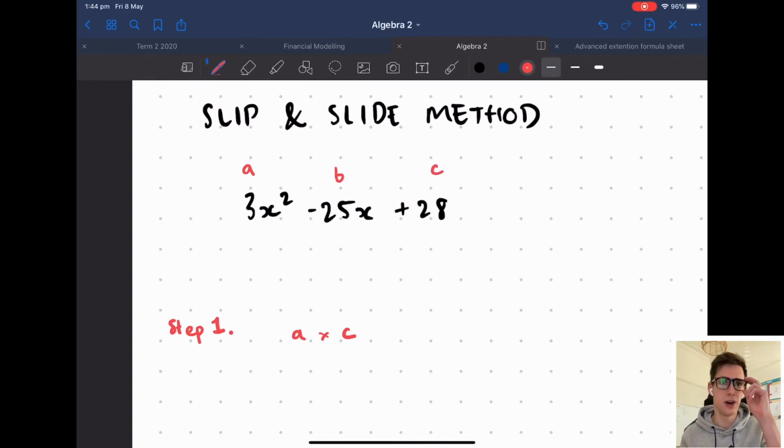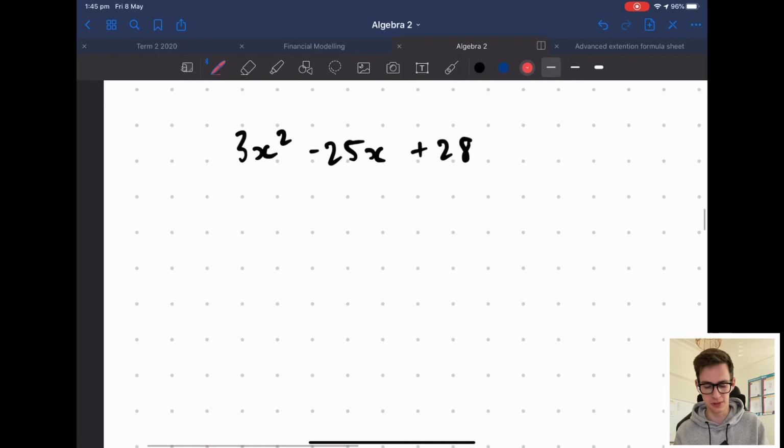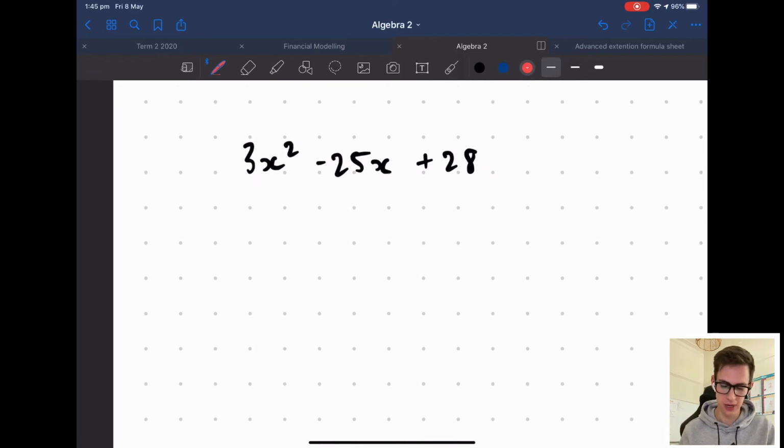Okay, slip and slide. The first thing we need to do is we need to identify that this is A, which is the number in front of x squared, this is B, and this is C.